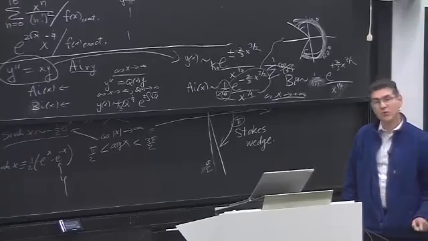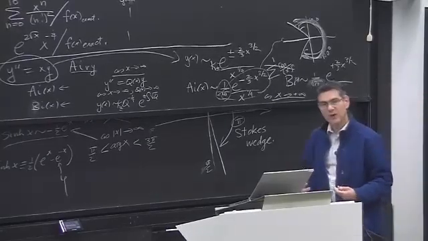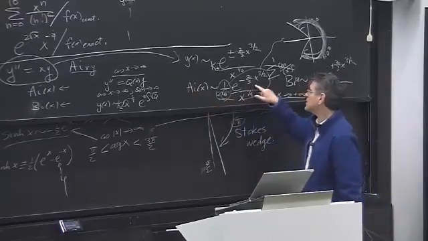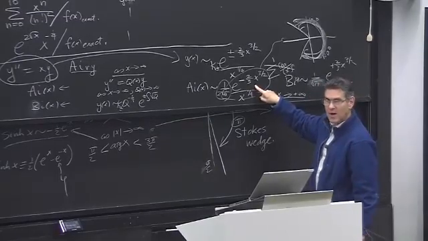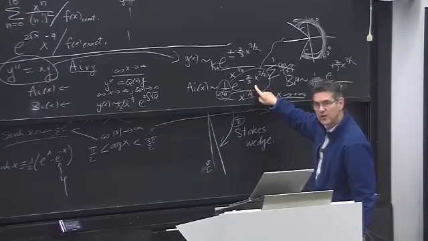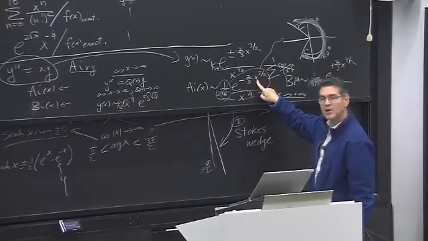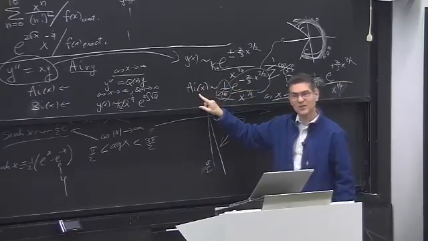Okay, now this is what we have to talk about next time, but let me just summarize by saying this is an analytic function. This is an analytic function. But the analytic continuation of an asymptotic approximation does not agree with the asymptotic approximation of the analytic continuation.